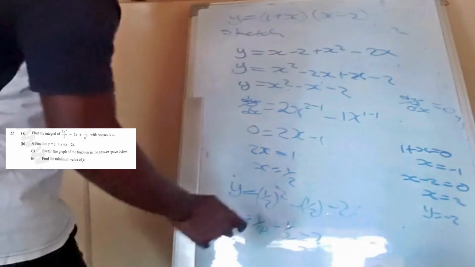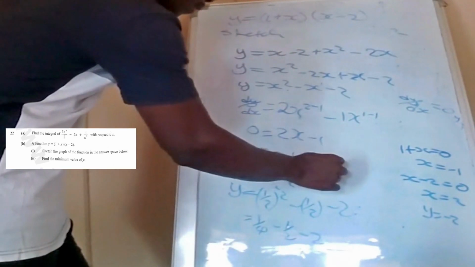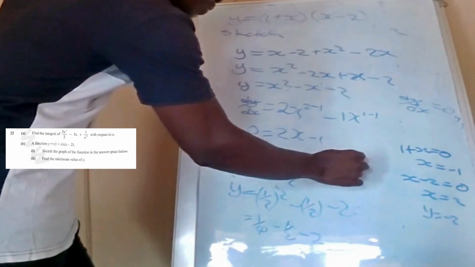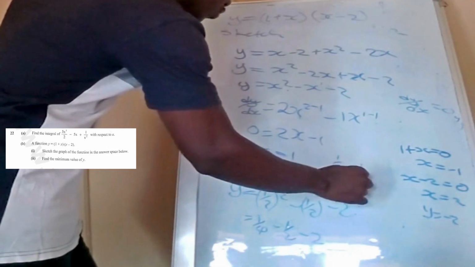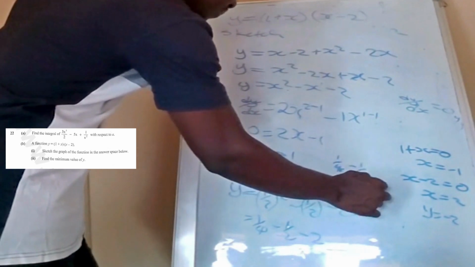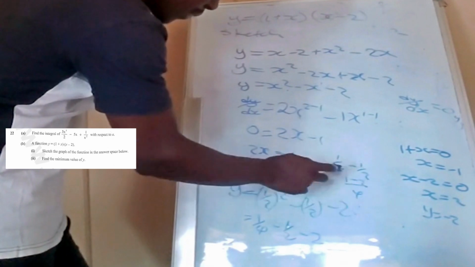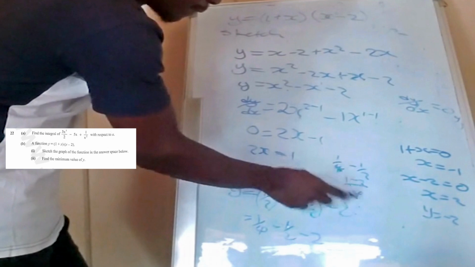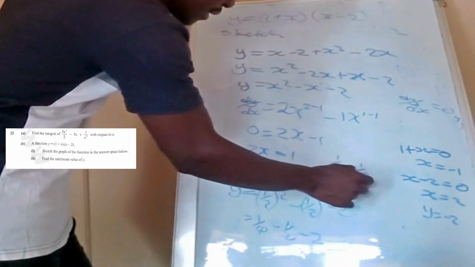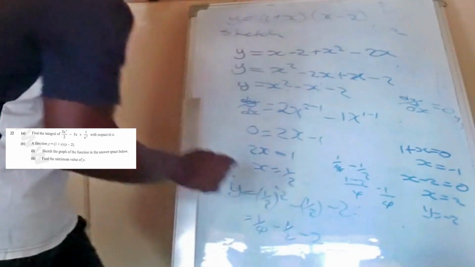And quarter minus half will give us 1 over 4 minus 1 over 2. This is 4. 1 minus 2 will give us negative 1 over 4.